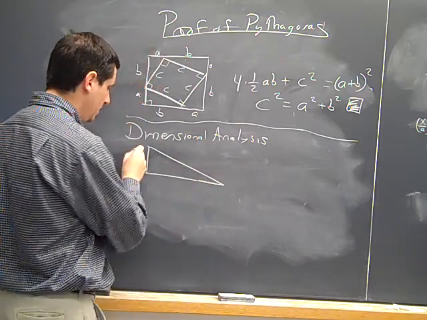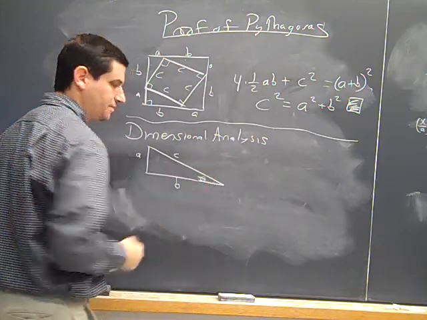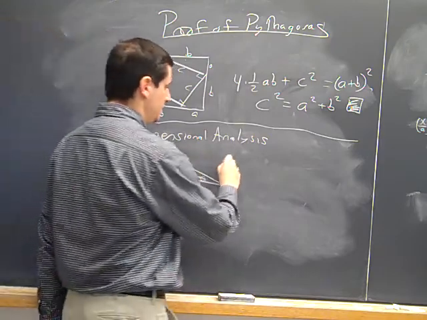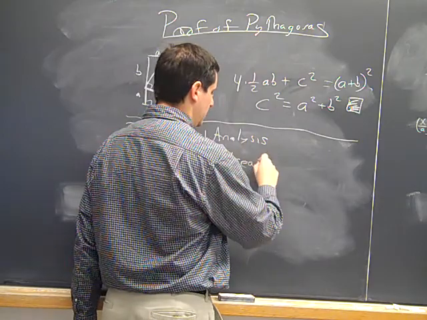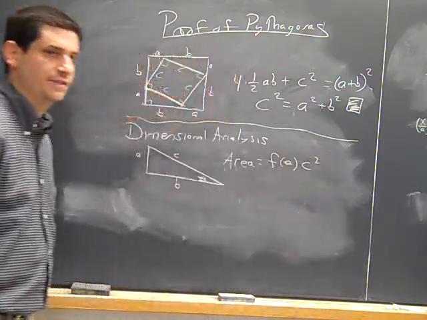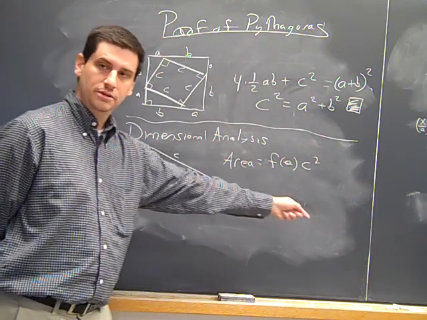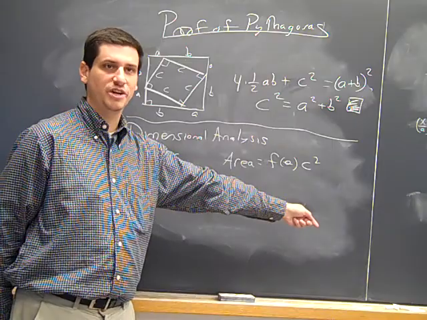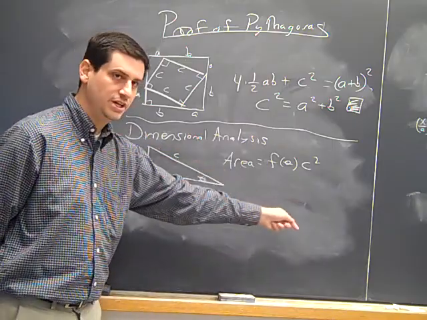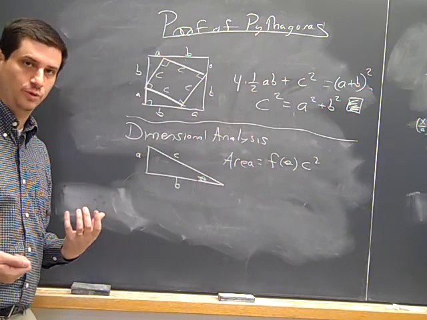So here's my triangle. Here's A, here's B, here's C, here's theta. I claim that the area is equal to f of theta times c squared for some f of theta. If I double C, using corresponding parts of congruent triangles are congruent, I double the base, I double the height, the area increases by a factor of 4.